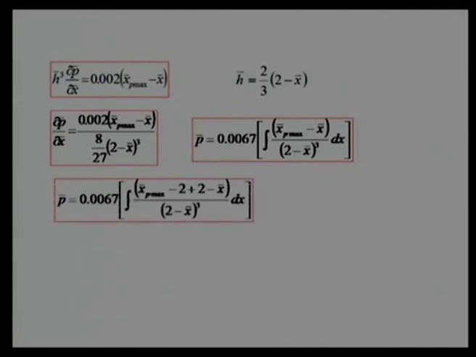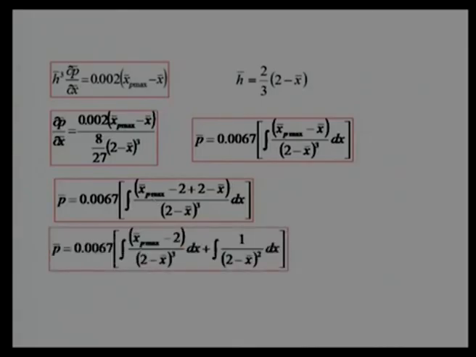We can do some manipulation. Let us put a subtraction of 2 and an addition of 2. That means minus 2 plus 2 will make it 0. We are not losing anything, but we are able to make one bracket, which will turn out to be 2 minus x as a separate expression, and this will turn out to be constant. So, we can get 2 integration terms something like this.